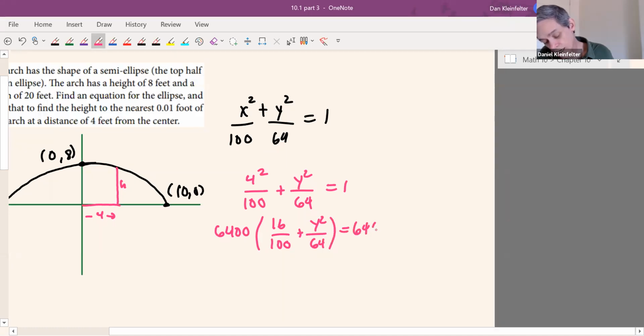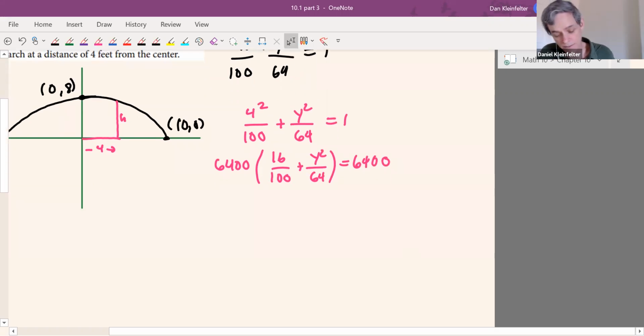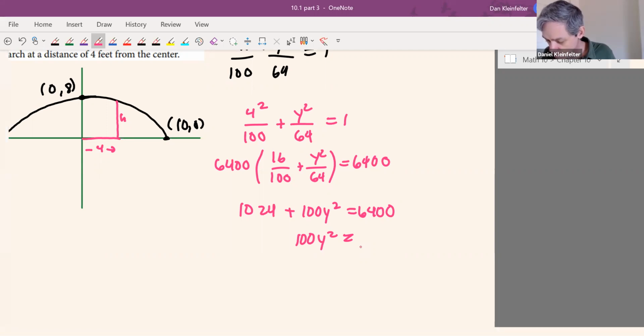Okay, we're going to work on getting the y part isolated, and then we'll end up taking the square root. Okay, so 16 times 64 is 1,024. And then that's going to be 100 y squared. All right, 5376.